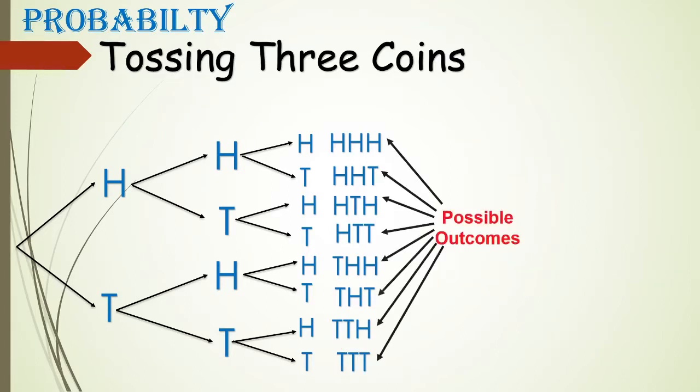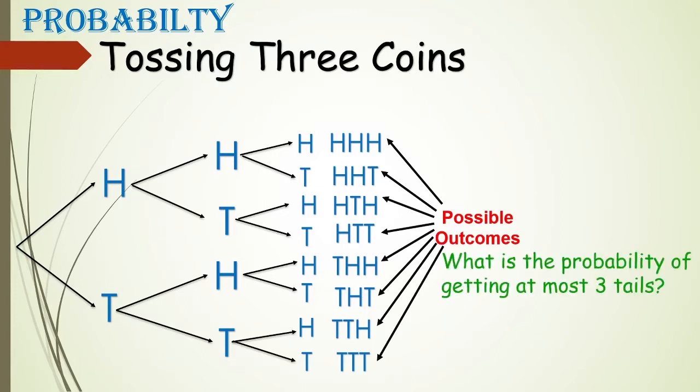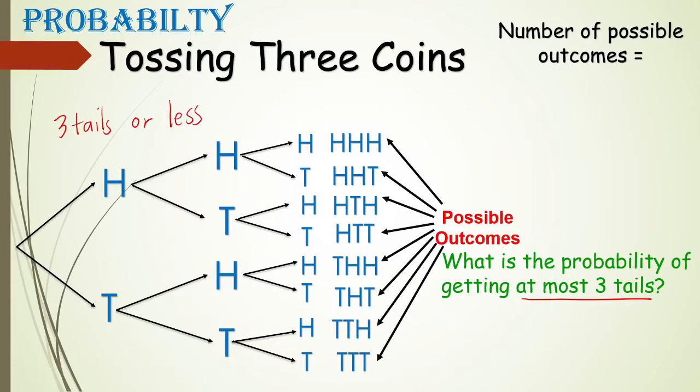Okay? Let's have another question. Tossing 3 coins. Let's play on this one because we can create many questions about this. What about getting a probability of at most 3 tails? When you say at most 3 tails, it means 3 tails or less or below. And the number of outcomes is still 8.